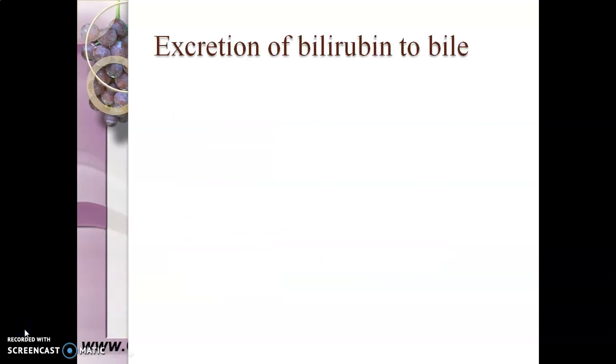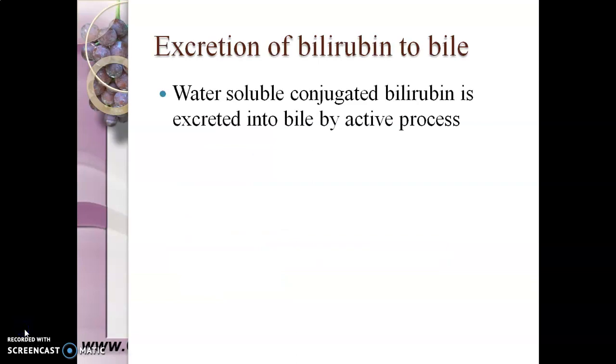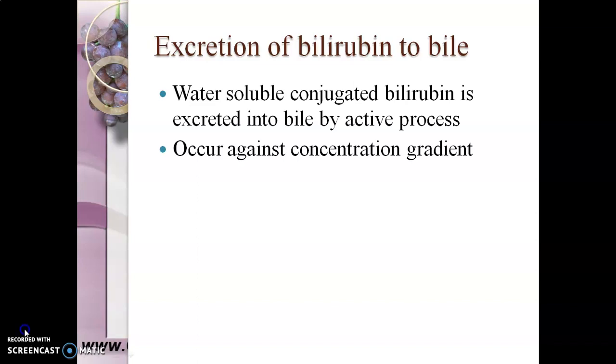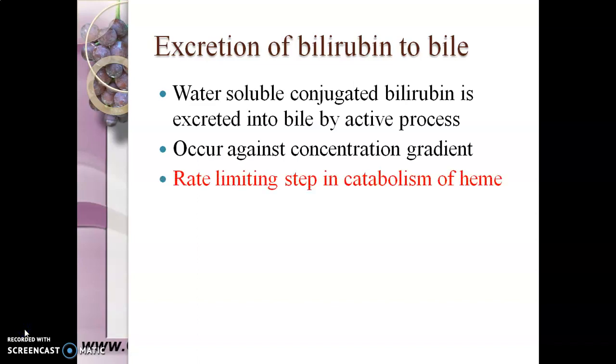Next is excretion of bilirubin into bile. Water-soluble conjugated bilirubin is excreted into bile by an active process, and this occurs against the concentration gradient in bile. So this is the rate limiting step in catabolism of heme.